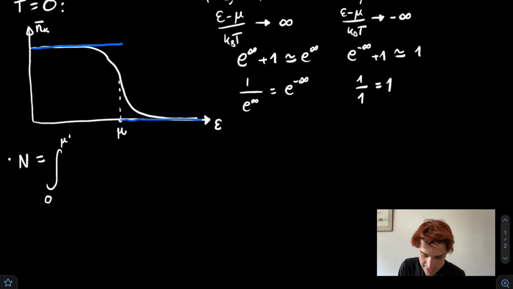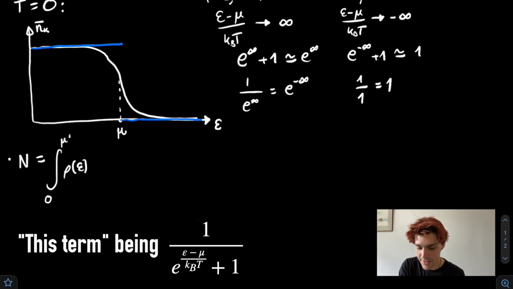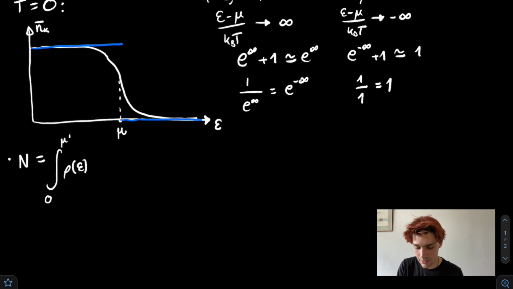We're going to have our density of states right here in the integral as before. But this term right here is just 1 for all this part of the graph. So we don't need to bother writing it out or doing any fancy integration with this term, because it's probably not a very easy looking integral. So we just write 1 right there. And this is going to be integrated over epsilon, which is the energy.